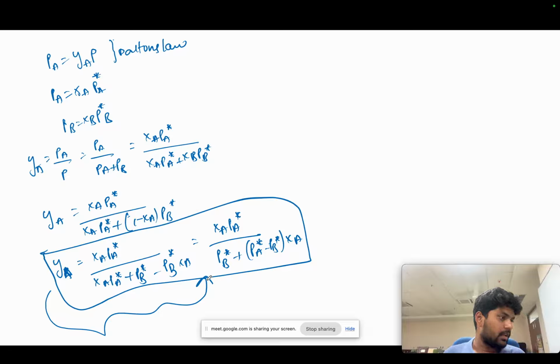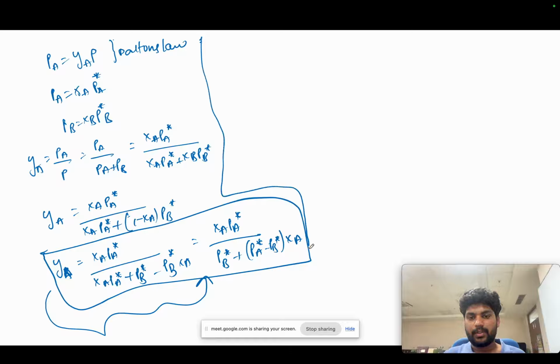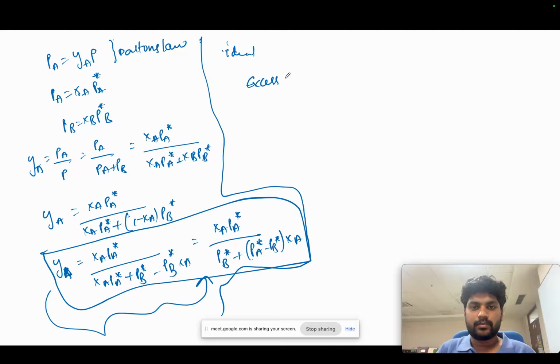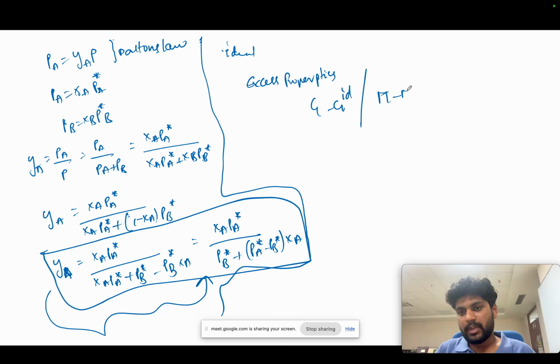No. Okay, so if you have no doubts in the equations, then we are going to the activity coefficients. Activity coefficient means we have some gases with ideal properties. So what we are doing with excess properties is nothing but G minus G ideal or M minus M ideal.